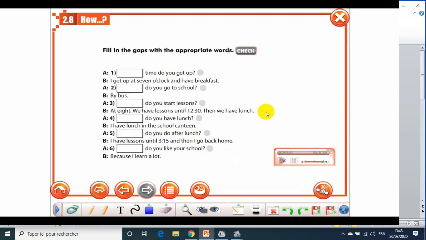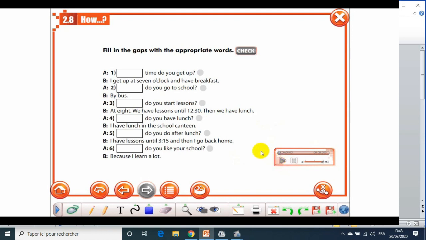You see? Fill in the gap with the appropriate words. Okay, take your pencil or a paper, because you don't have it, I think, in the book, and you listen again and complete these sentences with appropriate words. A pen in your exercise copybook.